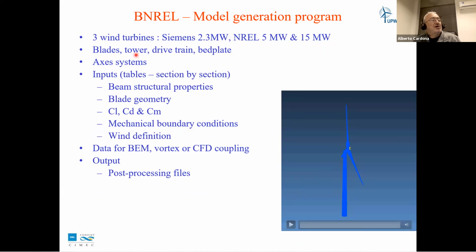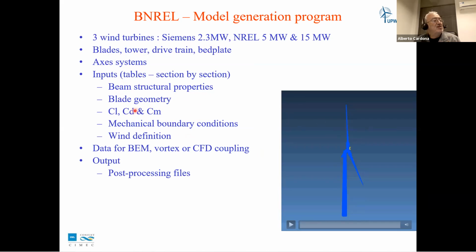It gives the shape and properties of blades, tower, drivetrain, blade plane, and there are separate axis systems. And it works starting from tables, which are typical for these systems, and where we have the beam structural properties, blade geometry, coefficients.